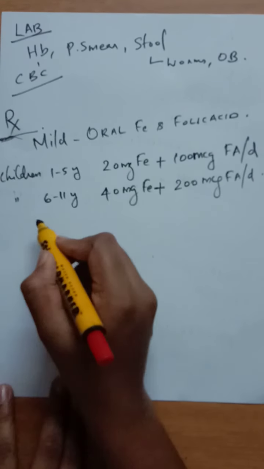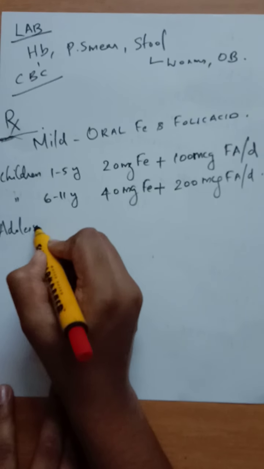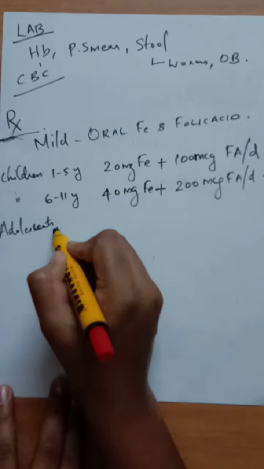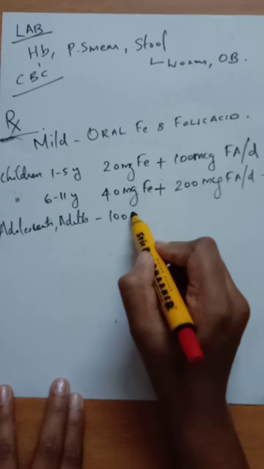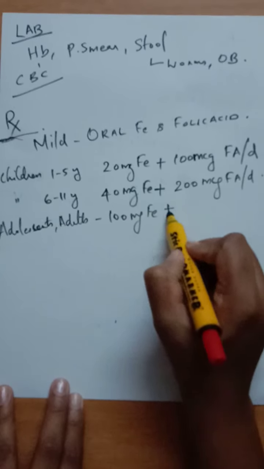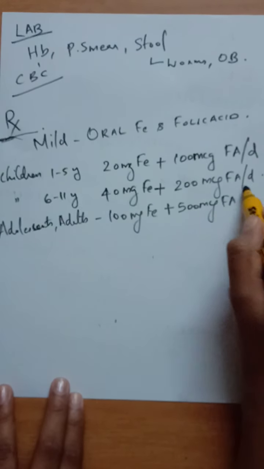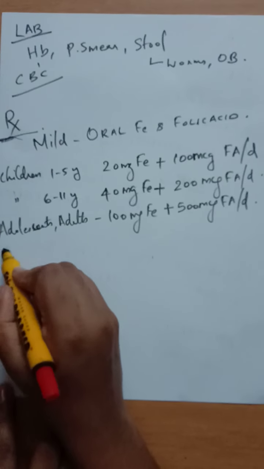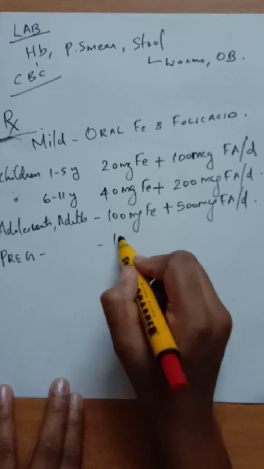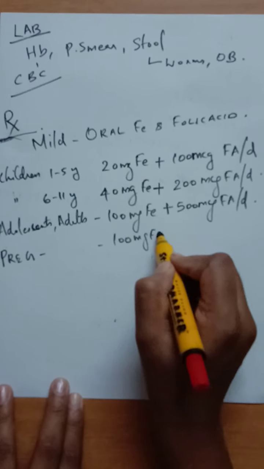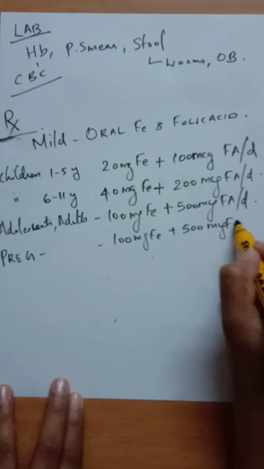Then adolescents and adults, both males and females, 100 mg elemental iron plus 500 microgram of folic acid per day. And for pregnant women, same, 100 mg elemental iron plus 500 microgram of folic acid per day.